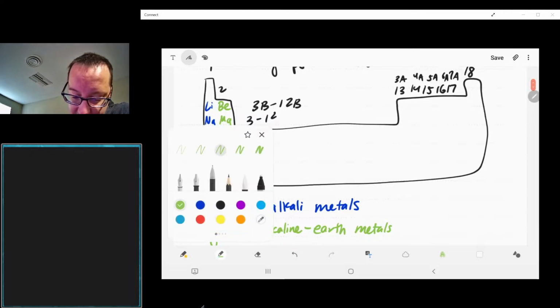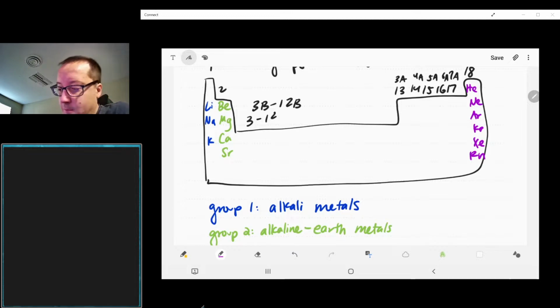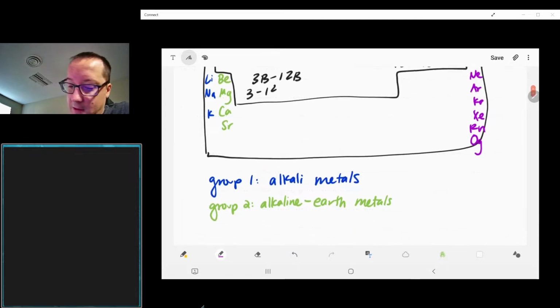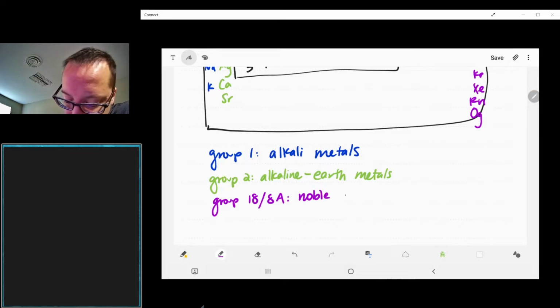If we skip ahead to the other side of the periodic table, the ones in purple, group 18 or 8A, are the noble gases. We're going to see later why groups 1 and 2 are called alkali and alkaline earth in chapter 11, way down the line. Suffice it to say that they make basic things when they react with oxygen.